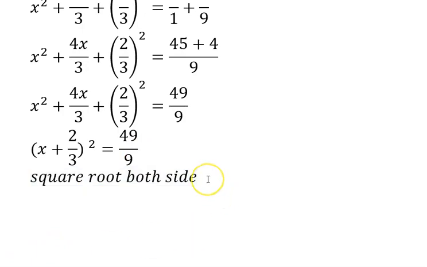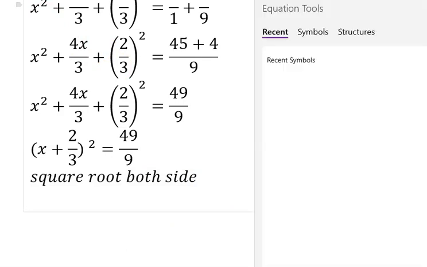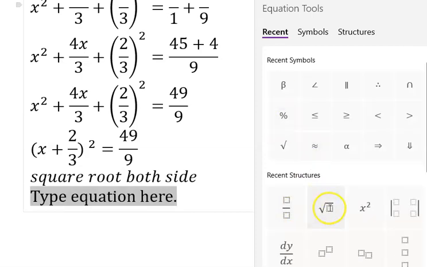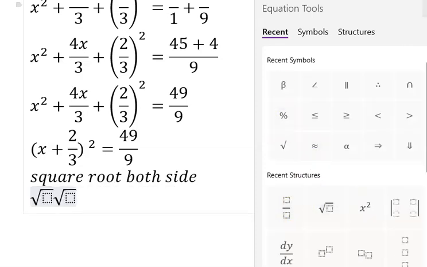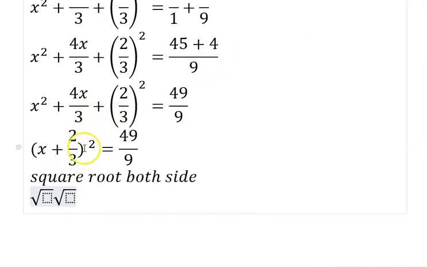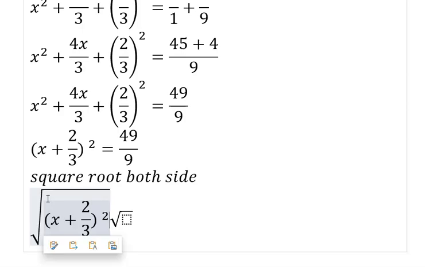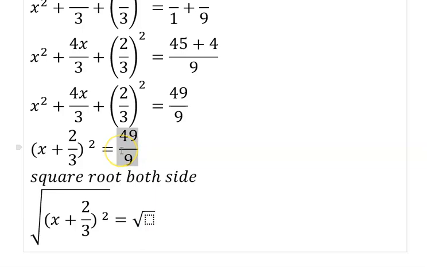So let's get a template that we can square root both sides. And don't forget, this one involves fraction, so you have to be very careful. Square root this side, then you now square root here also, 49/9.